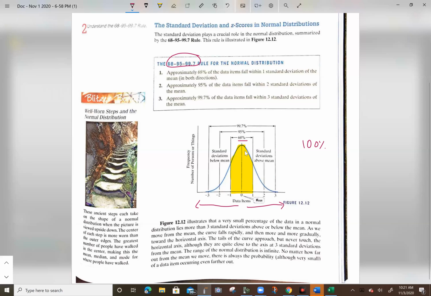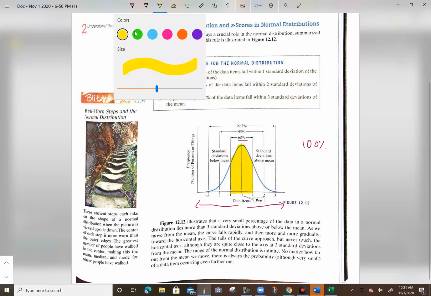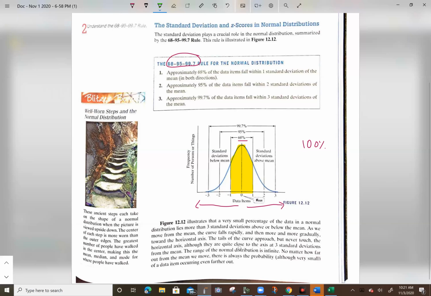But then it also says that if you go out one more, so let's say we take that yellow and then we add in the next standard deviation, I'll color in this little piece green. Okay, so the yellow part represents 68%. The yellow and the green part represents 95%. So 95% of the students who take this test will fall between -2 standard deviations and +2 standard deviations.